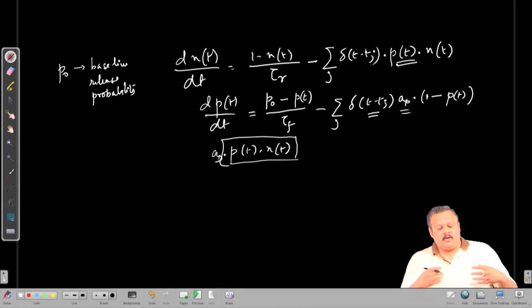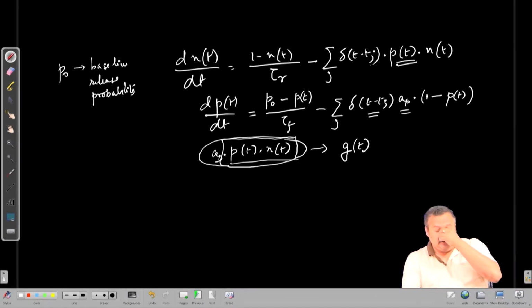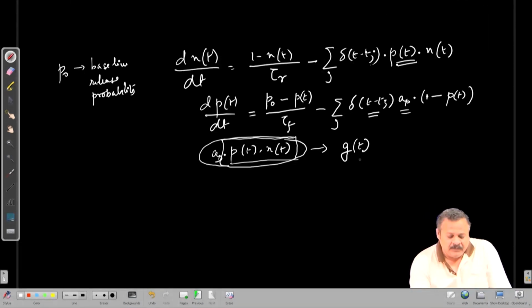It is not that all the neurotransmitter is going to drive a current. So this can be representative of the postsynaptic neuron's synaptic conductance G as a function of time.